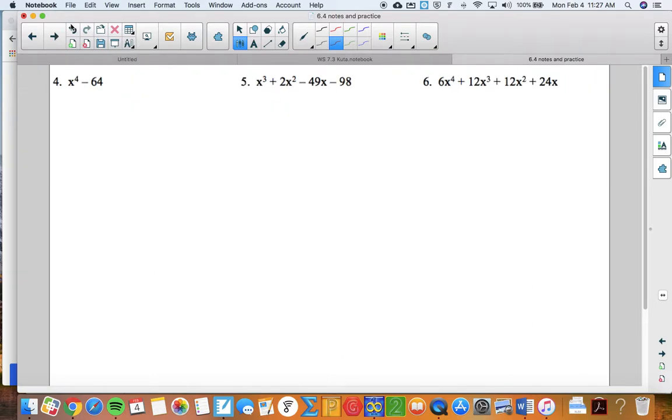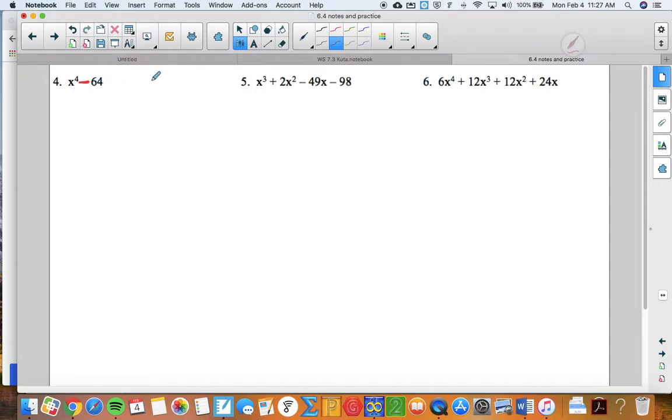Sweetness. Same thing here. There's nothing we can GCF out, so I'm thinking difference of, because it's subtraction, difference of squares, difference of cubes. You know, 4 cubed is 64. But can I take the cube root of x to the fourth? It's not going to leave me with something pretty.